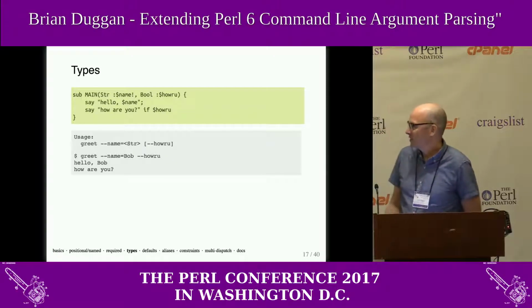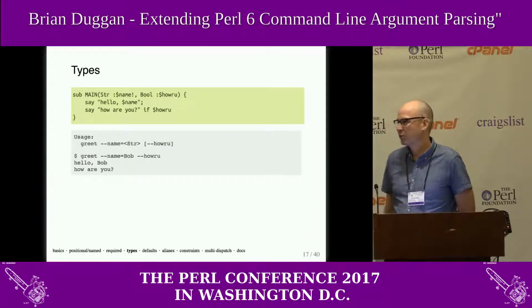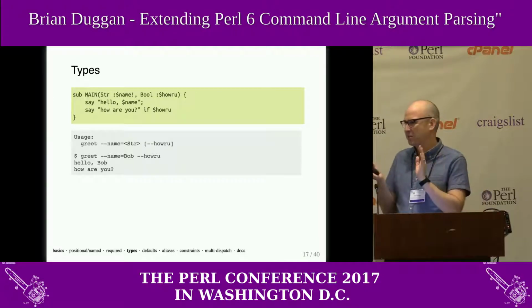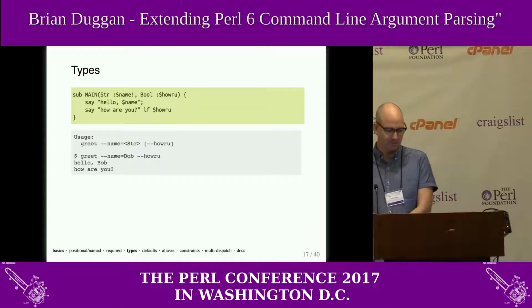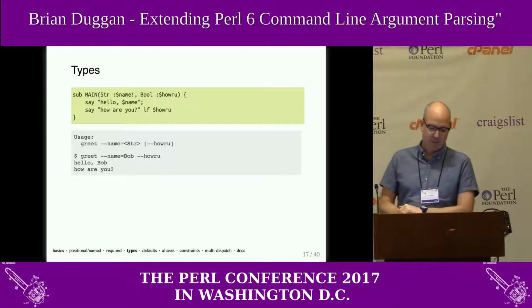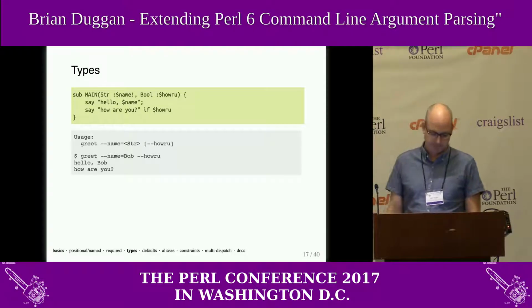If you omit it, then it's false. If you put it there, it's true. You can explicitly say it's false too by putting a slash after the dashes. But the types make their way into the main subroutine.